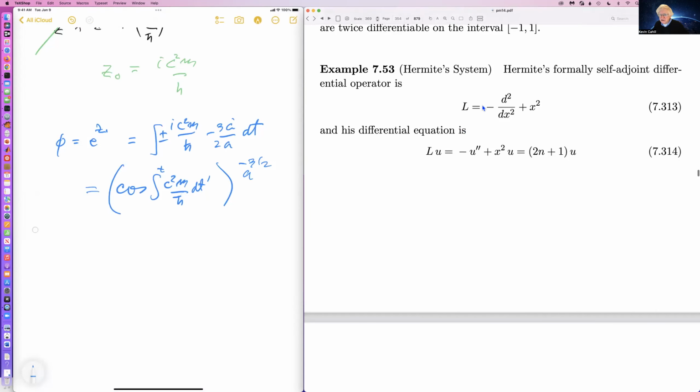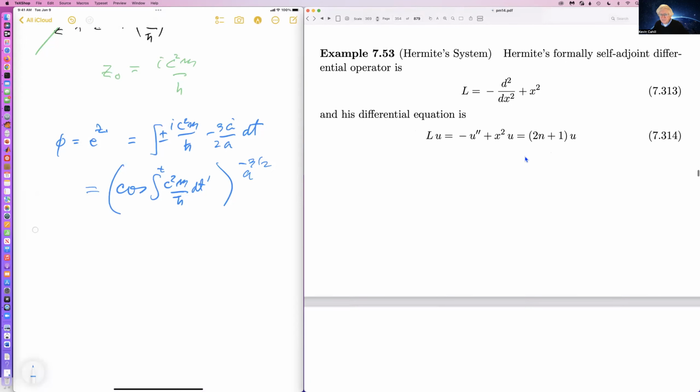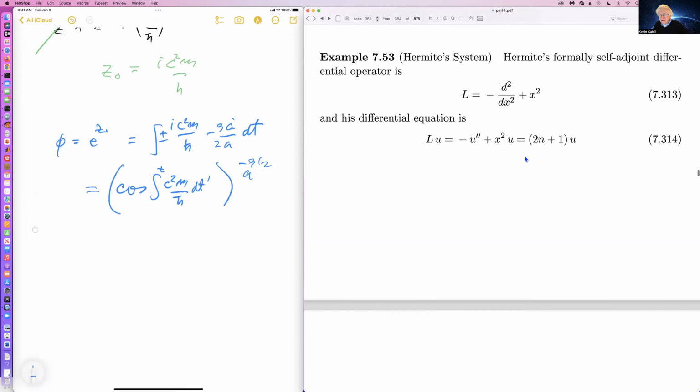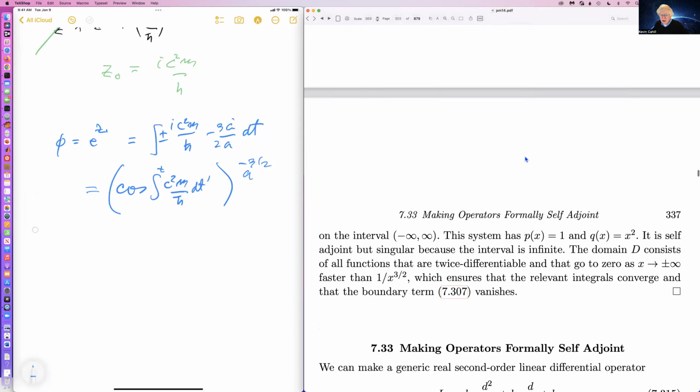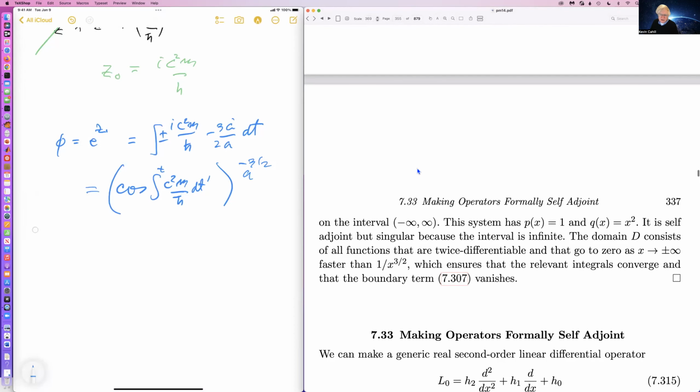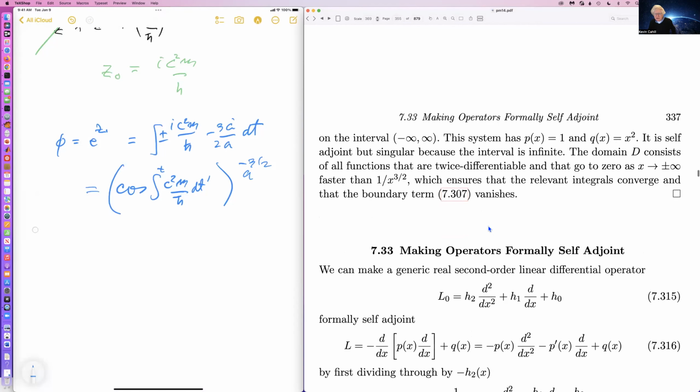Hermite's system looks as a differential operator as this, and it is formally self-adjoint, but now the interval is infinite, so it's not technically a self-adjoint system, but it still works if you choose the domain to be functions that are twice integrable and suitably smooth, going to 0 at infinity suitably quickly.